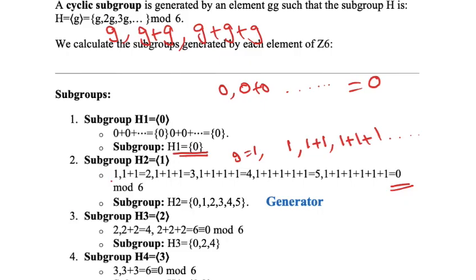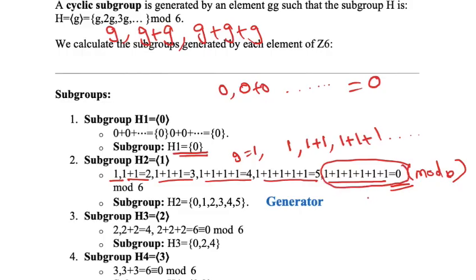So first G is 1, then 1 plus 1 is 2, then 3, then 4 and 5. When we add six ones, this will be equal to 0 because this is modulo 6. When it becomes 0, we stop.